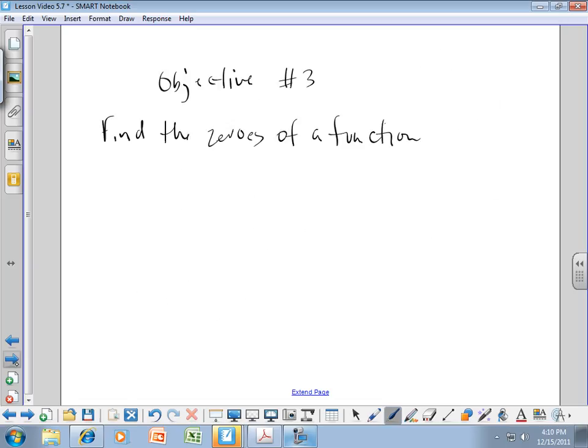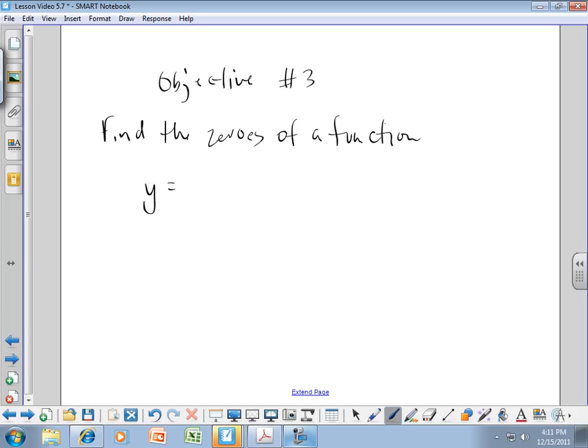Now, the last thing in this section that they're going to ask you about is actually finding zeros of a function. All right? Finding the zeros of a function. Well, the zeros of a function are actually the x-intercepts.